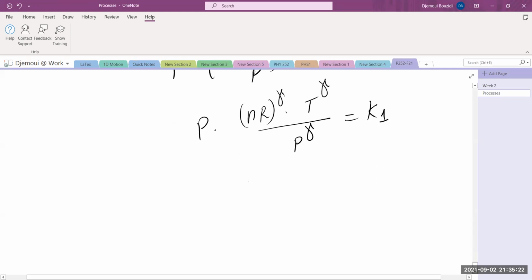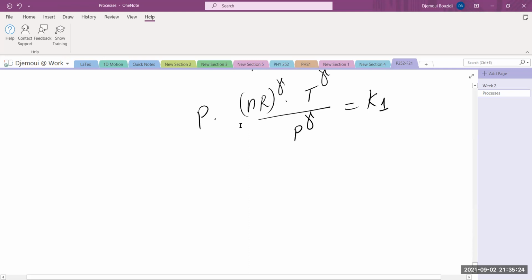What I can do in here is raise everything to the power 1 over gamma, basically take the gamma root of this expression. So I have P to the power 1 over gamma times nR times T over P is equal to K1 to the power 1 over gamma, okay?